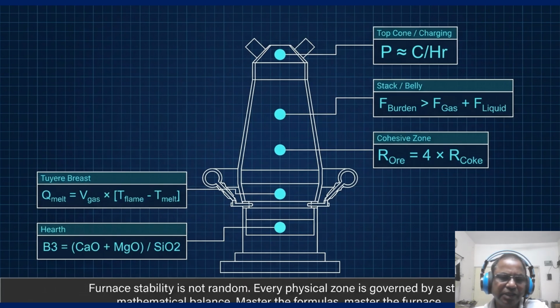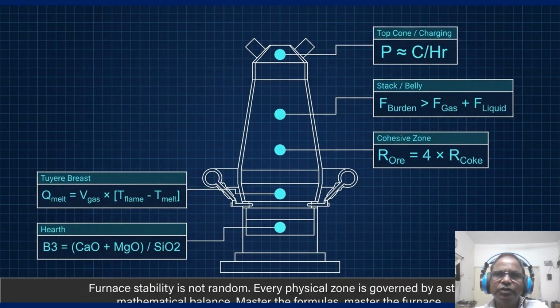And similarly, on the left hand side, the tuyere and hearth become the two critical zones where our focus will be. So in totality, we can say these five physical zones are our focus area.